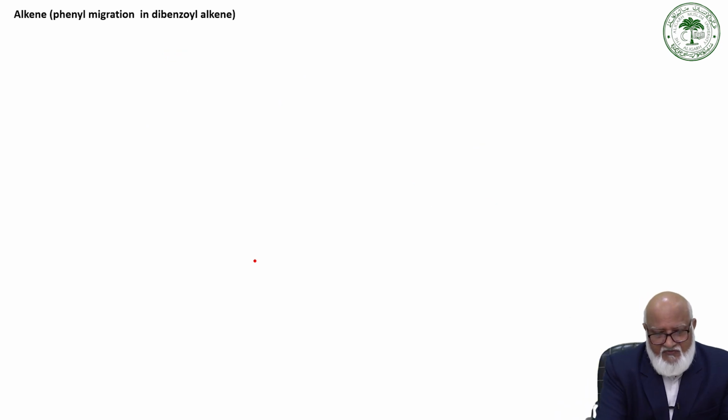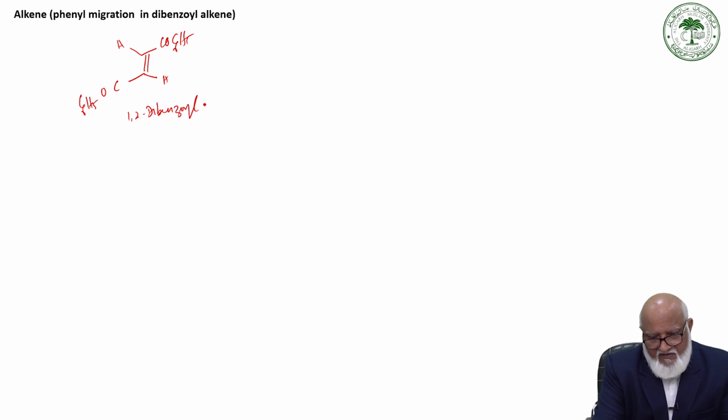Now coming to proper substituents, say for example, HCOC6H5. This is 1,2 dibenzoyl alkene, with one benzoyl group and another benzoyl group on the ethylene.